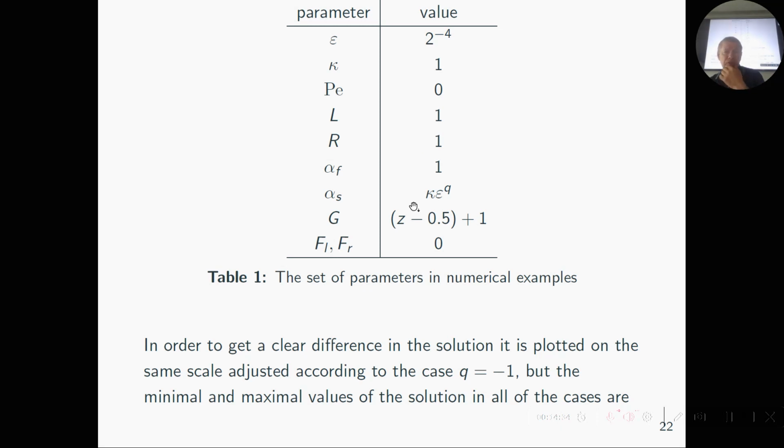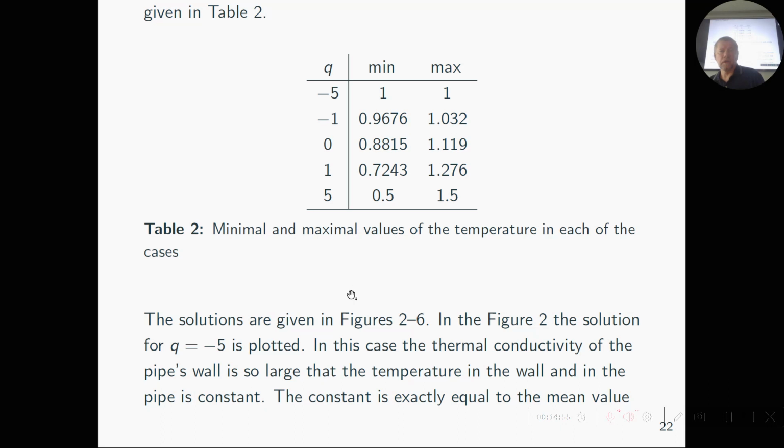Now, we took epsilon to be 2 to the power -4. That's the thickness of the pipe wall. K is a coefficient in the heat conduction equation. We took it for simplicity to be equal to 1. The Peclet number is 0 because we neglected the convection, so it's pure diffusion.